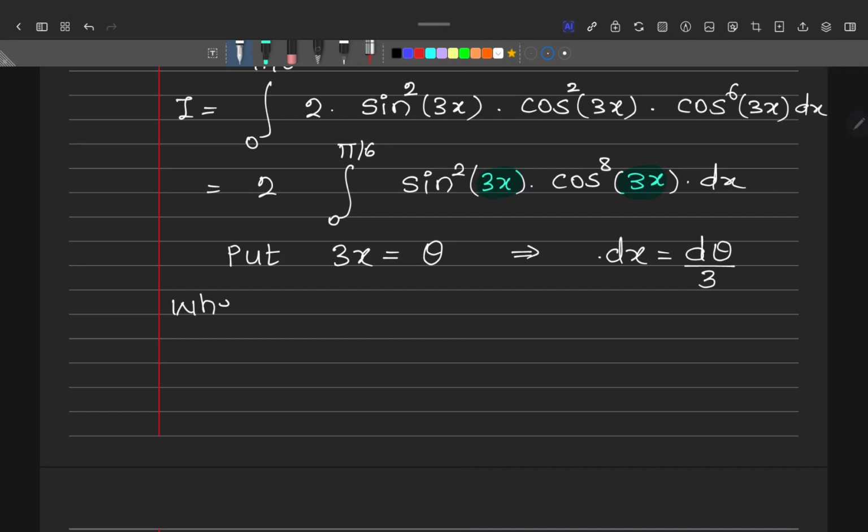For the range of integration, when you take x equal to 0 and substitute that value here, the value of theta will be 0. And when x is equal to the upper limit pi by 6, the value of theta will be, put x equal to pi by 6 here, we get pi by 2.